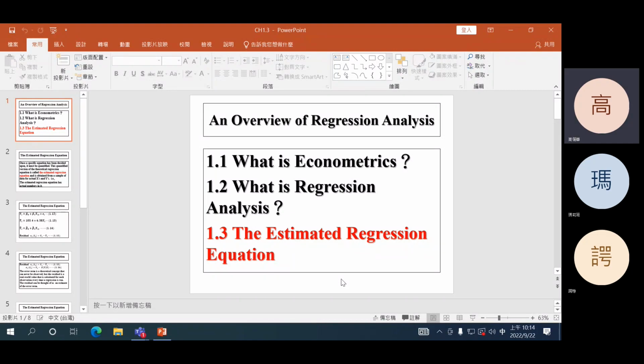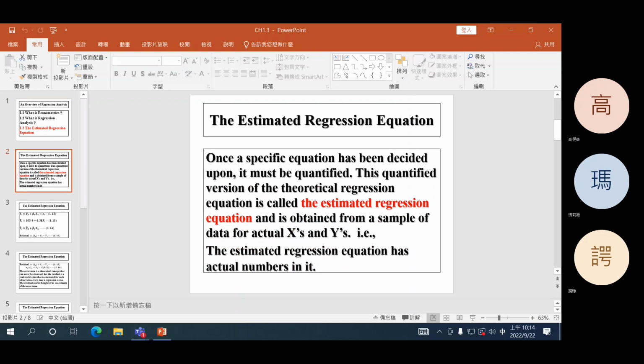All right, so this is 1.3. We're going to talk about this one. Once a specific equation has been decided upon, meaning the specific relationship between X and Y, it must be quantified.